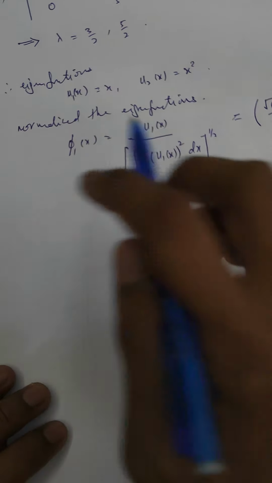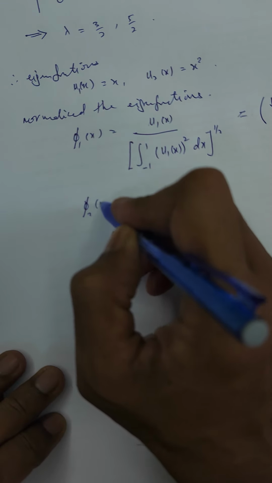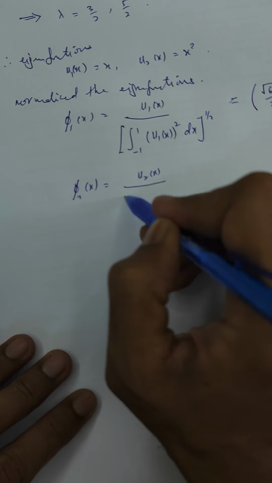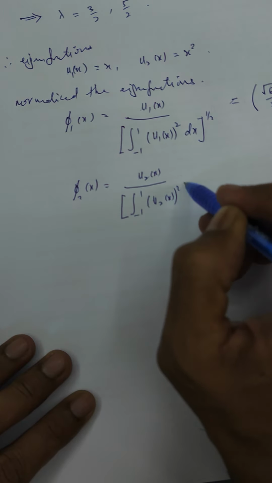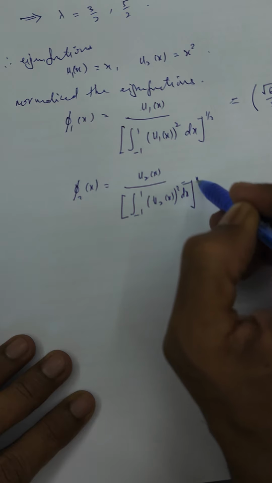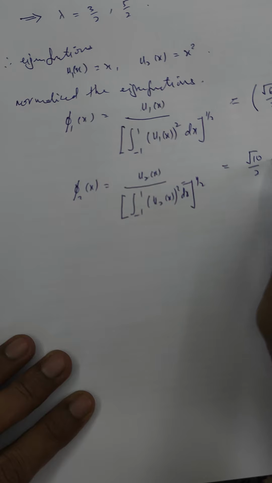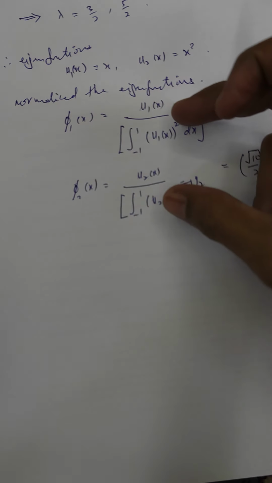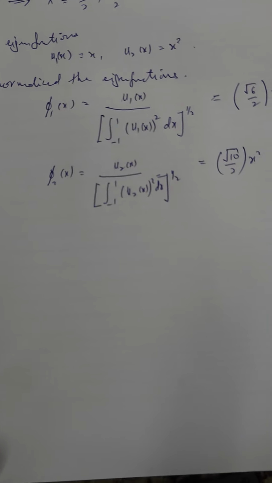Then for the second eigenfunction, we have phi 2 given as u2(x) over the integral from minus 1 to 1 of u2(x) squared dx, to the half. That will give you square root of 10 over 2 times x squared. And from there, once we obtain the normalized eigenfunction, we need to find f1 and f2.